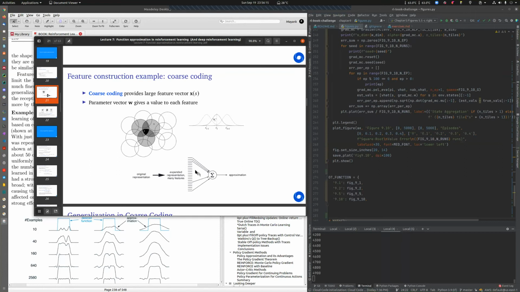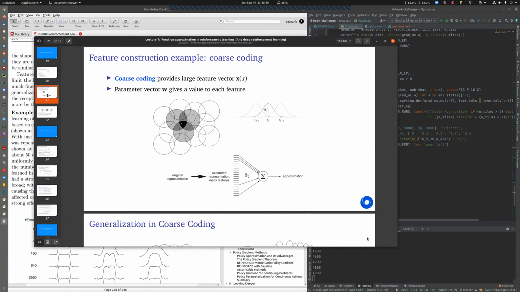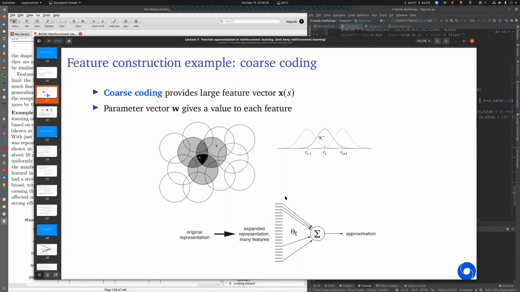So here is the feature construction example that we worked on. This is the Gaussian distances. We presented sigma i as a distance. As you alluded to earlier, the number of circles is represented by the number of points in this list.